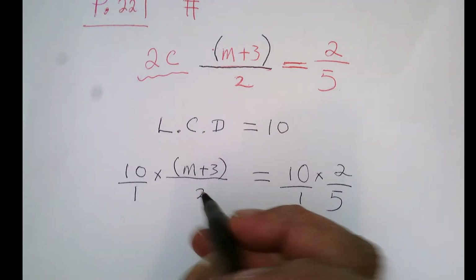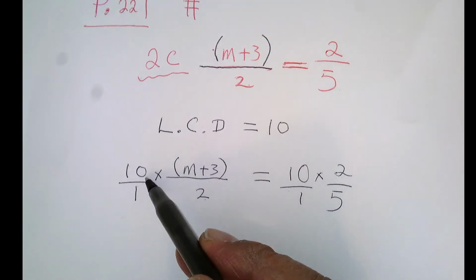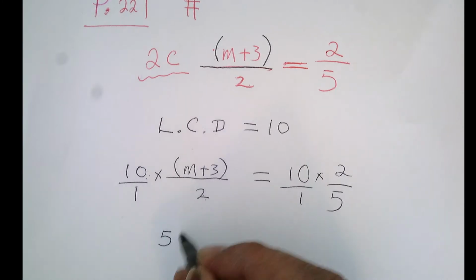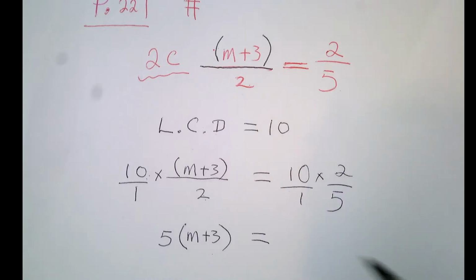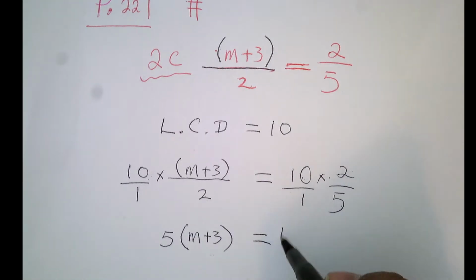After that, you apply your math. 10 divided by 2 is 5. 10 divided by 10 times 2 divided by 5 is 4.